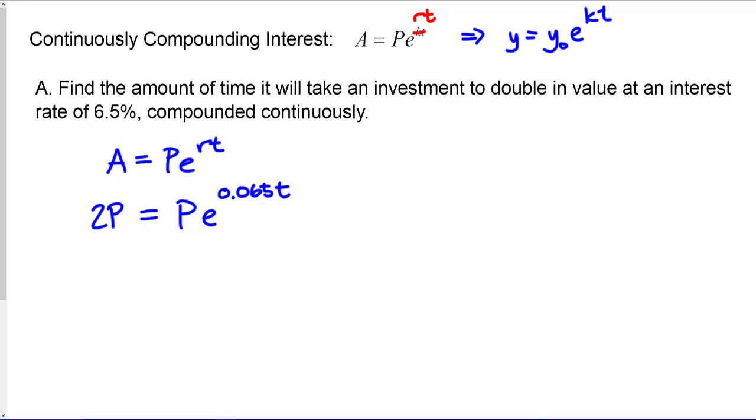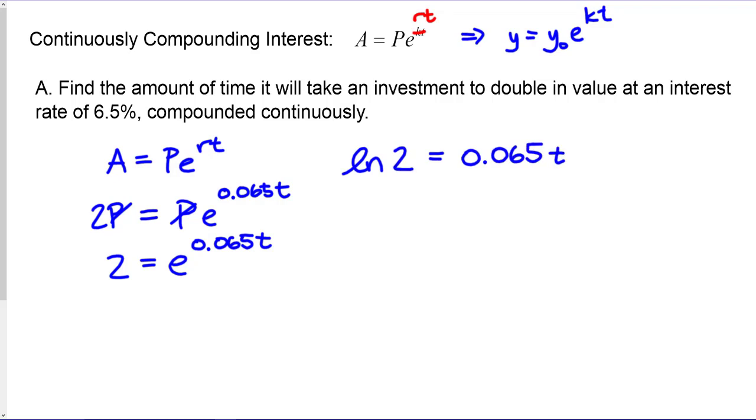Similarly to how the carbon-14 example worked, this initial amount just divides away. So P cancels out, and I have 2 equals e to the 0.065 t, which I can change into a logarithmic equation. It would be a log base e, which is a natural log, of 2 equals 0.065 t.